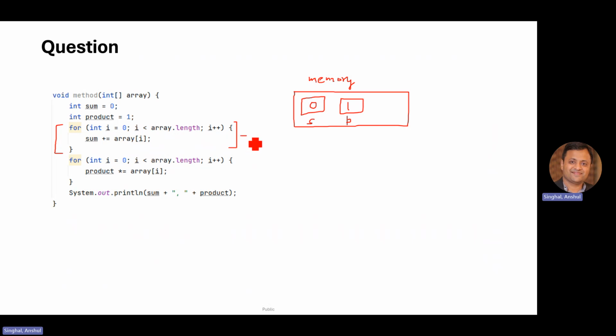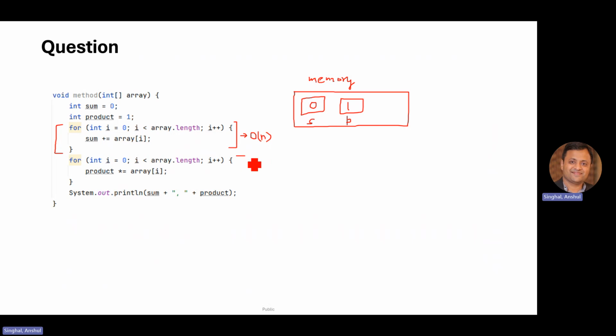So the runtime is going to be order of n, because if n is the size of the array, I am going through each element of the array and doing something. So this for loop is over, and the complexity of this code segment is order of n.